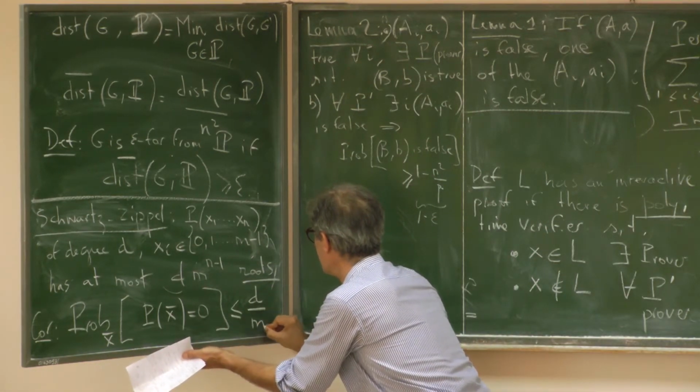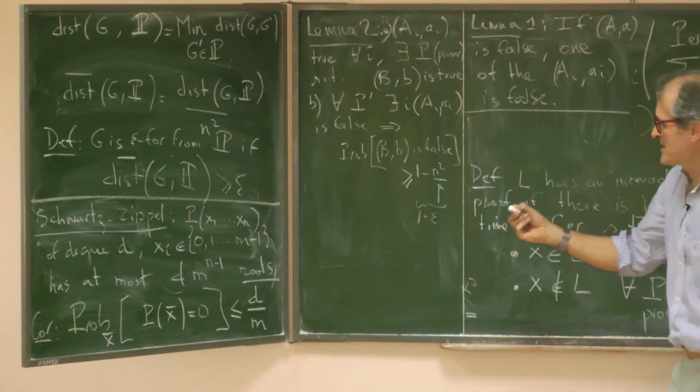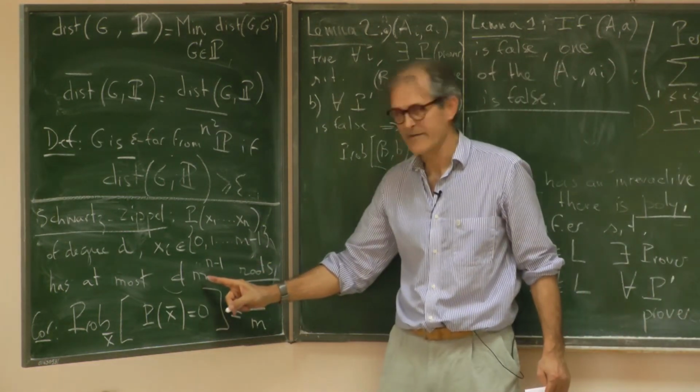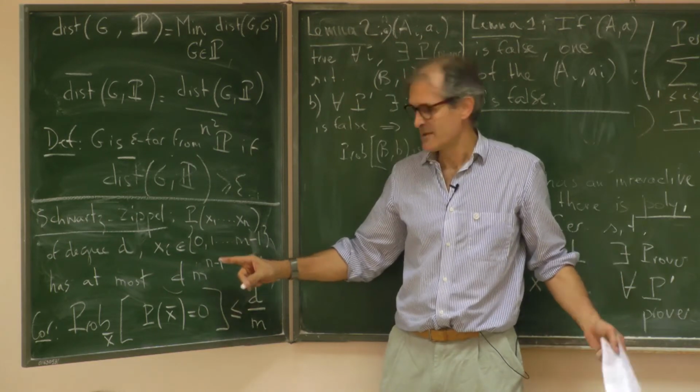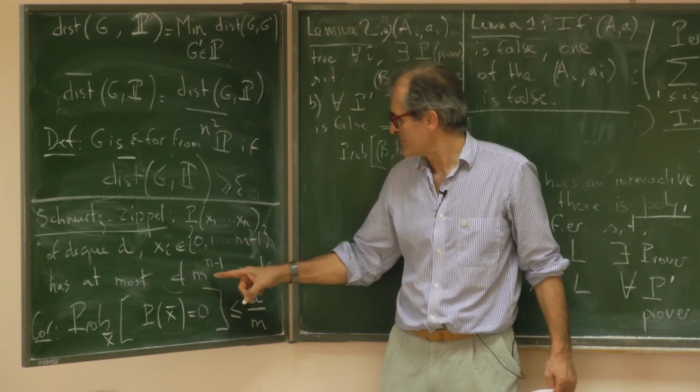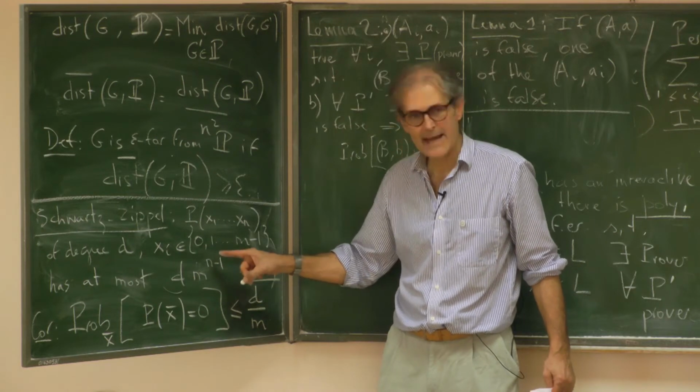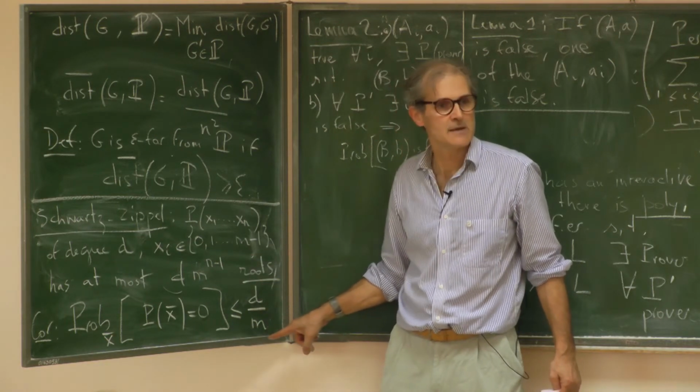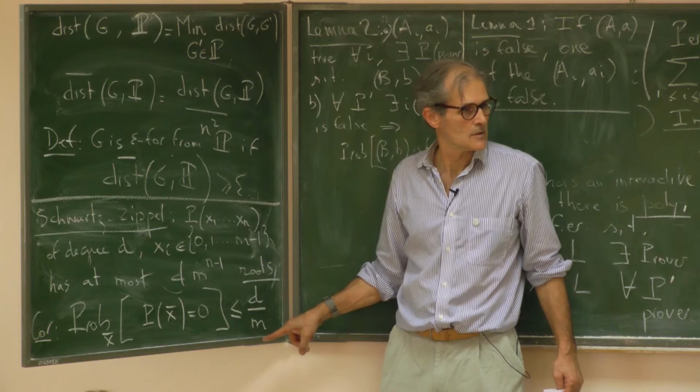d over m. And that's easy to see because how many points do you have? You have m to the n. So you divide the number of roots by m to the n, and you get d over m.